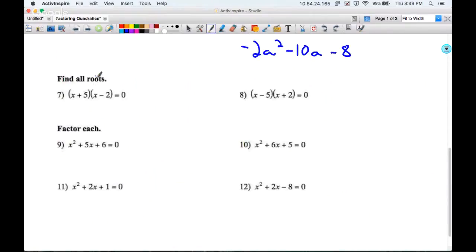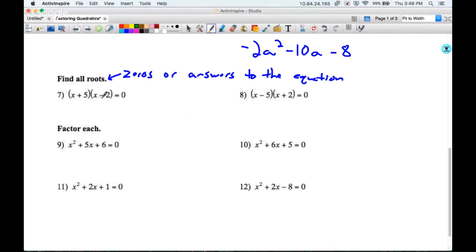All right, find all roots. Another word for roots is zeros or answers to the equation. So in order to do this, I need to find the values for x that would make this true.